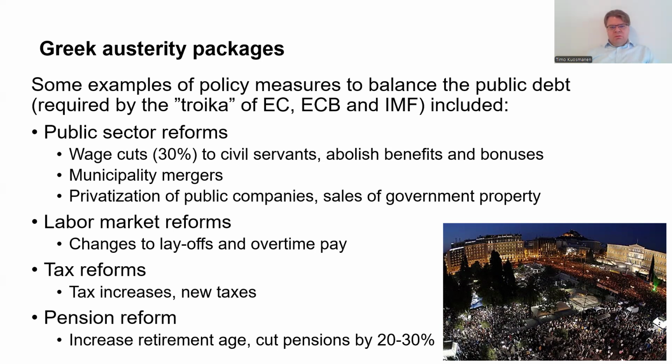But as a monetary union member, if countries do not manage to keep their public debt at reasonable levels, there is a risk of facing very harsh austerity measures in the case of insolvency.